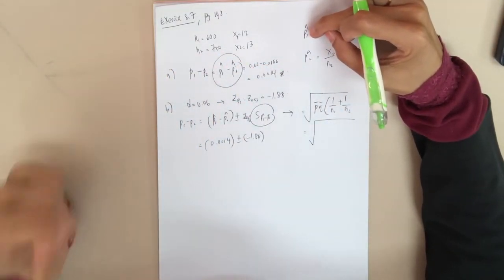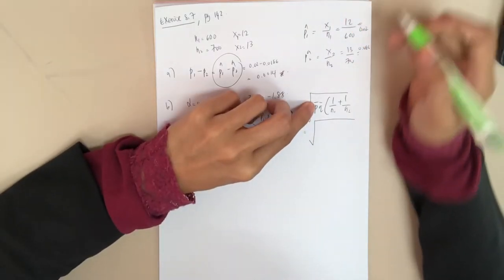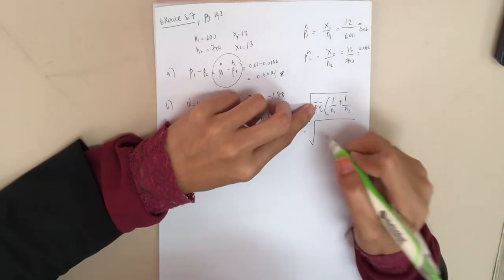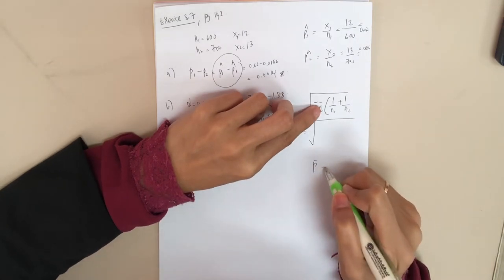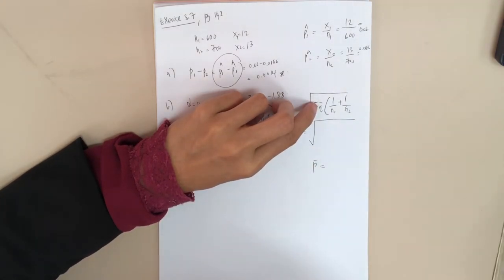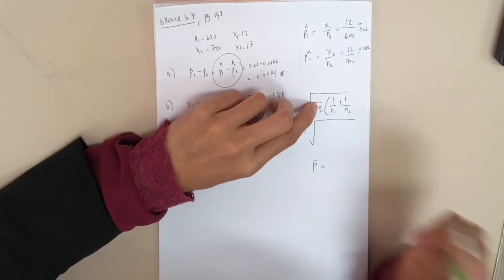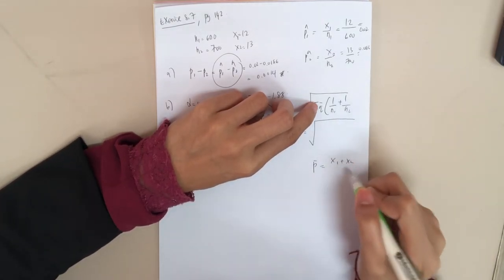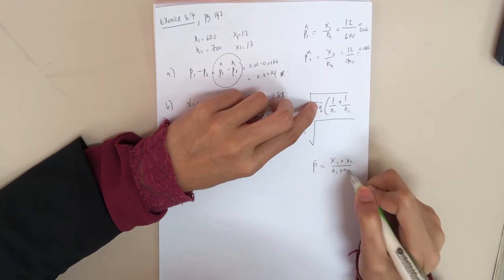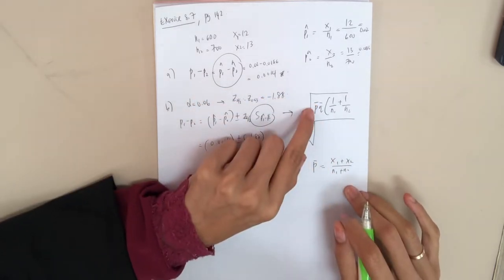The formula for P bar, as I already mentioned in the slide, is X1 plus X2 over N1 plus N2. So this is how we get P bar.